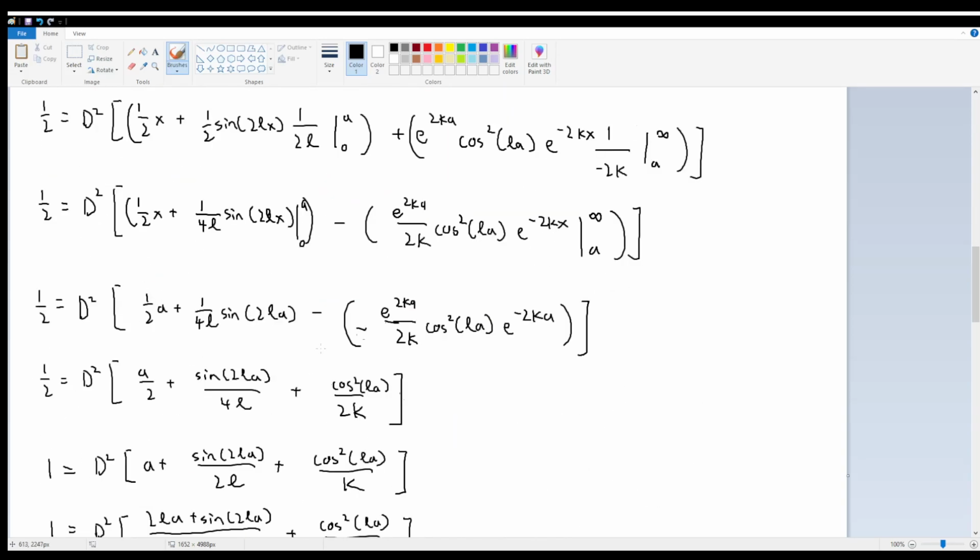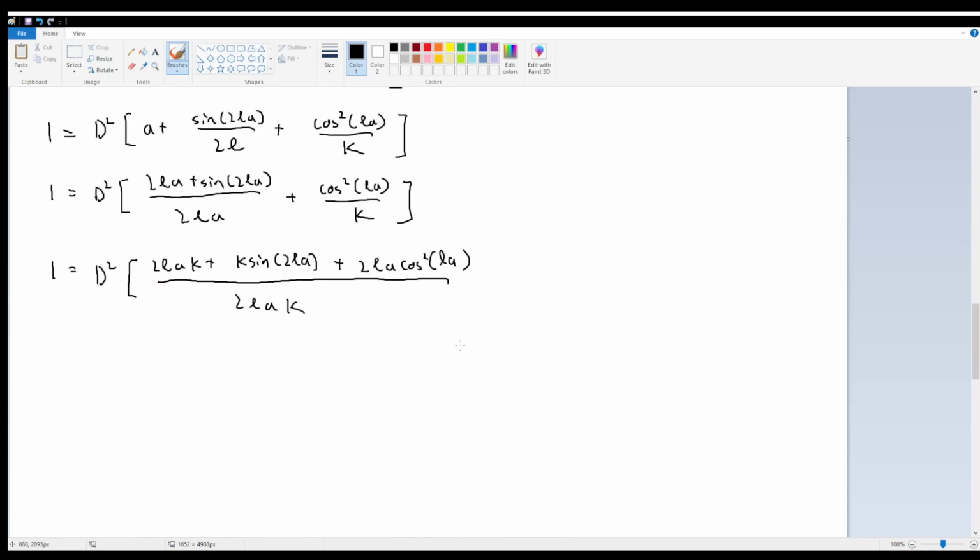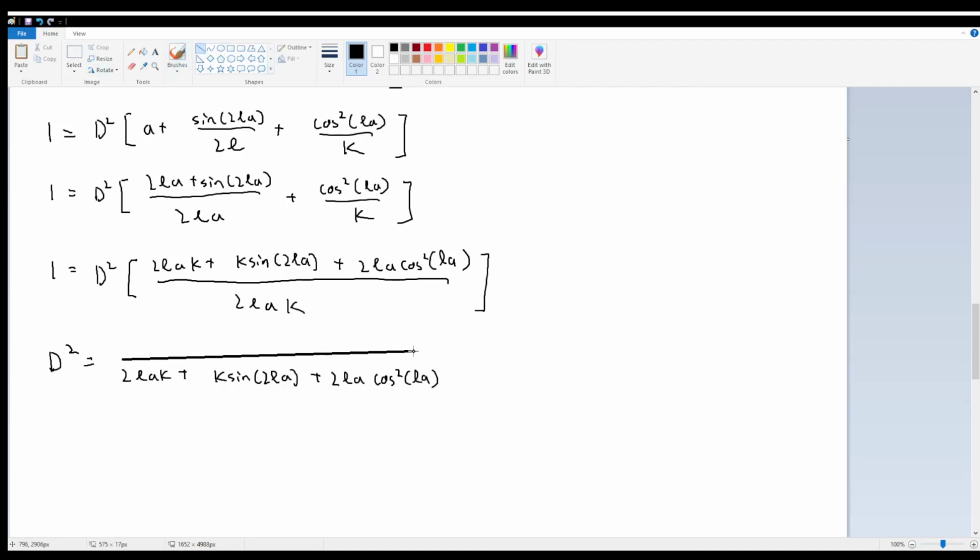No, this is right. Apologies, just got a bit paranoid there. Okay, 2lak, and then after that we switch everything around. d squared is equal to 2lak plus k sine 2la plus 2la cosine squared la, and then all of this is with 2lak at the top.